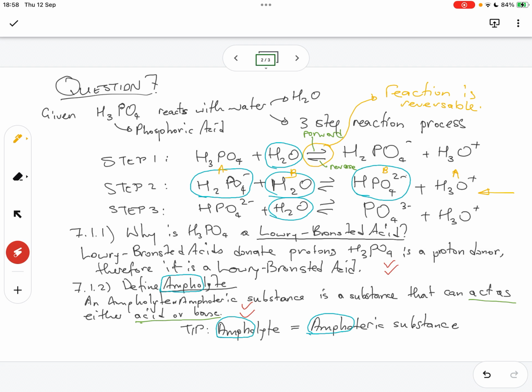So what happened? This part here was acting as an acid, and this part here was acting as a base. In the second step, this result, H2PO4 minus, which in the reverse reaction would be a base, so that we can get back to the original reactants, now acts as an acid.